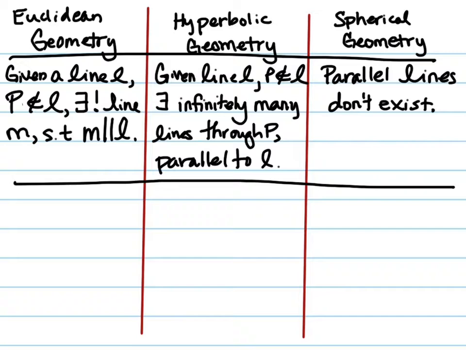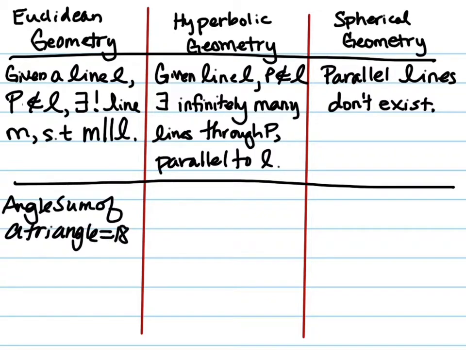Tell me what you know about triangles in geometry that you're used to from high school, Euclidean geometry. The angle sum is 180 degrees. You got it. So the angle sum of a triangle equals 180 degrees. What happens in hyperbolic geometry? It's less than.